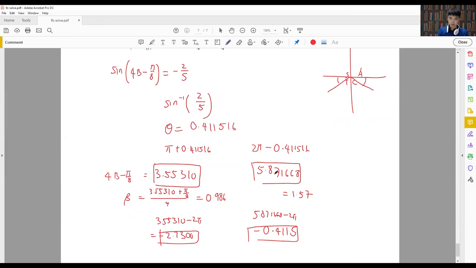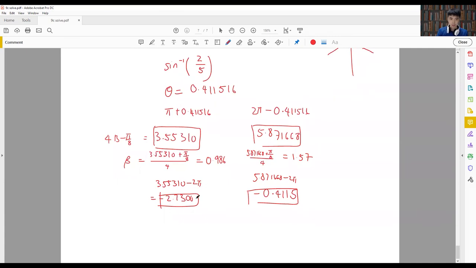Okay, the working, maybe I'll just write it down as well. 5.871668 plus pi over 8 divided by 4. I have gotten this. Do the same for these two at the bottom here. Negative 2.73 plus pi over 8 divided by 4, you would have gotten negative 0.584.